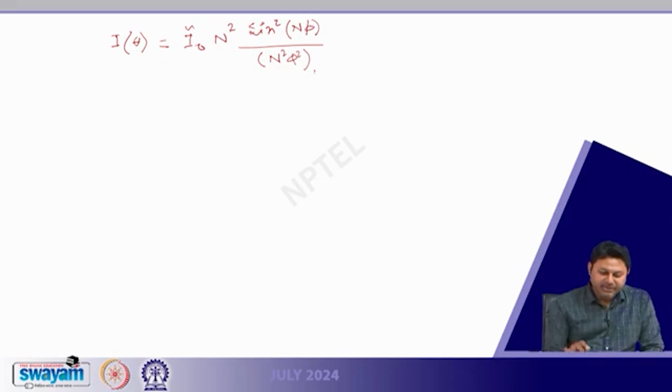So, I add one n square in the numerator and then another n square, so that this n square will cancel out and I go back to the original expression.